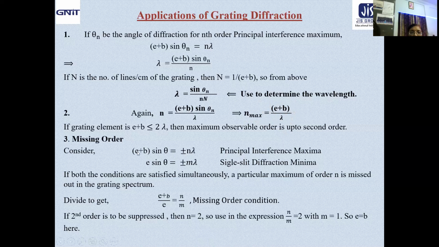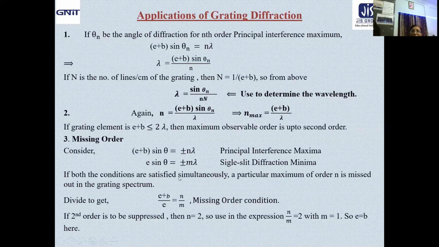Okay. Now let us come to the case of the missing order, about which you already got the idea in very detail in the last session on double slit. Similarly, you can consider these two conditions: (e plus b) sine theta equal to plus minus n lambda for principal interference maxima, and e sine theta equal to plus minus m lambda for single slit diffraction minima.